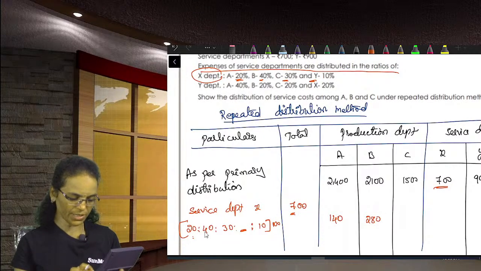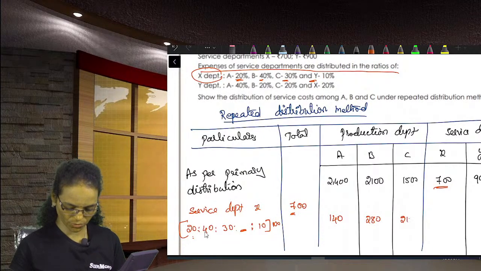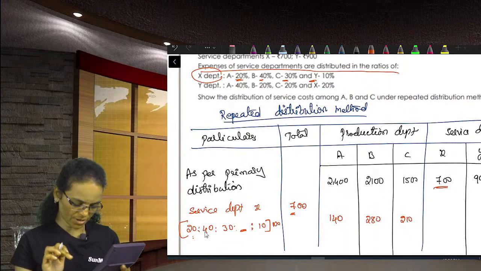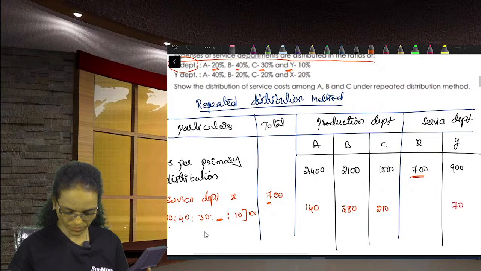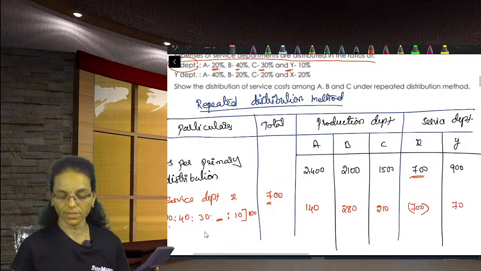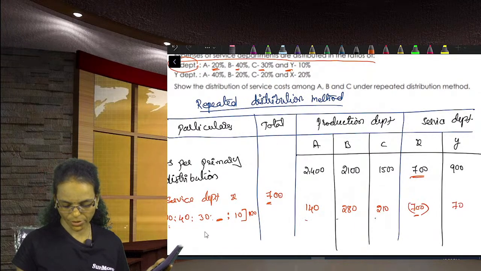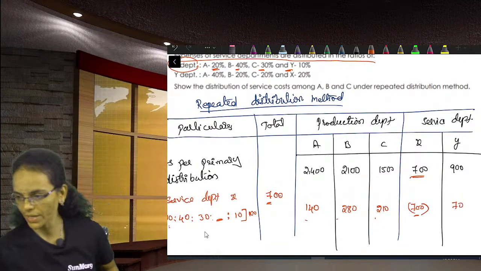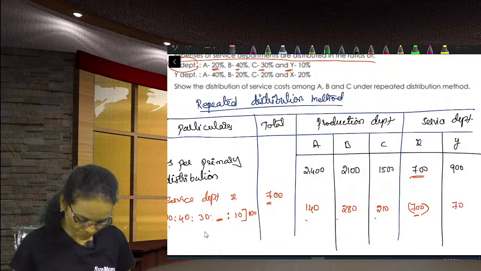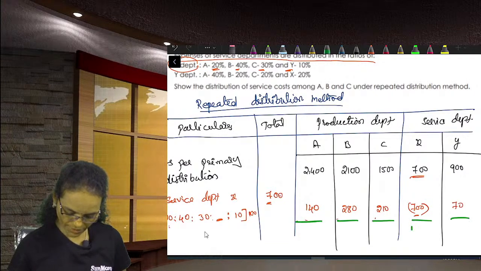Divided by 40 into 30 is 210. Divided by 30 into 10 is 70. To self department minus. This 700 rupees only we are distributing among all other departments, right? So this one. Now you add it. Here you will get nil.